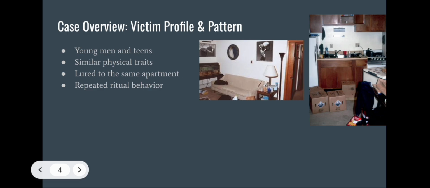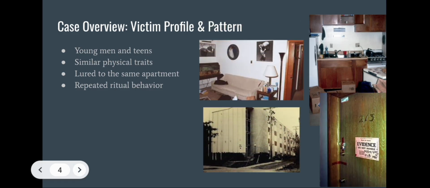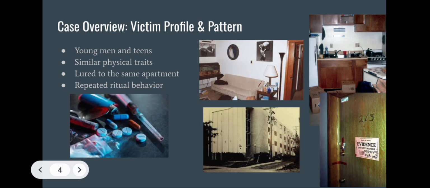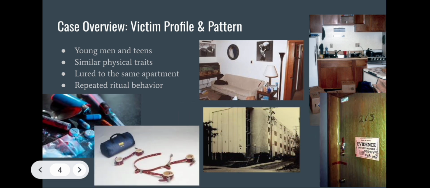Although physical traits varied, these other traits were common among all of his victims. Dahmer lured all of his victims to his apartment with the promise of money or alcohol or both. Once there, the same pattern of drugging, restraint, and murder occurred. This repeated ritual across years strongly supports serial offender classification.